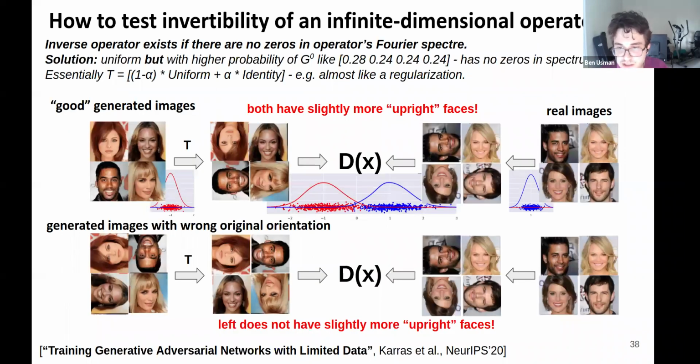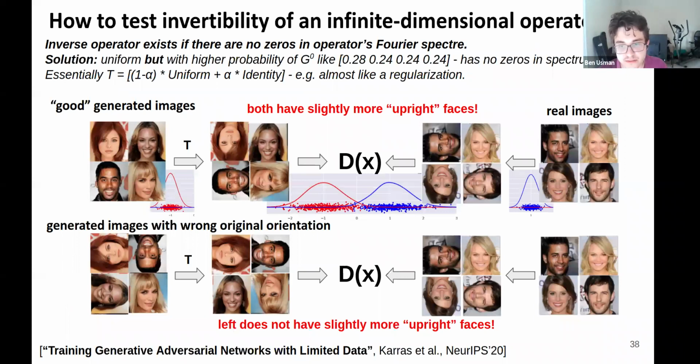So in case of rotations we examined previously, it means that if we apply no rotation with slightly higher probability, let's say 28%, and perform other rotations with lower equal probabilities, let's say 24%, then the distribution of images augmented using such random procedure would match exactly if and only if original distributions of images were same.